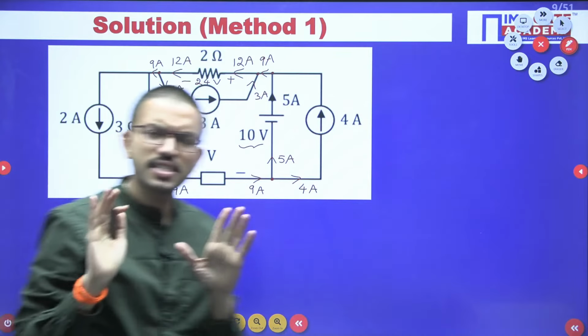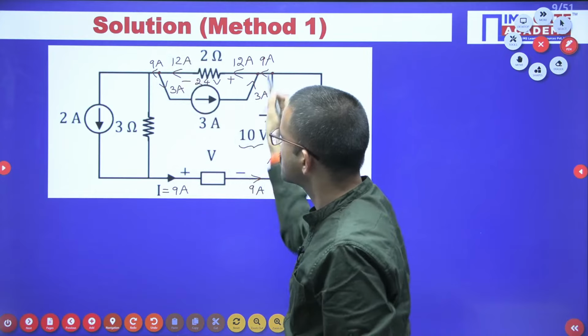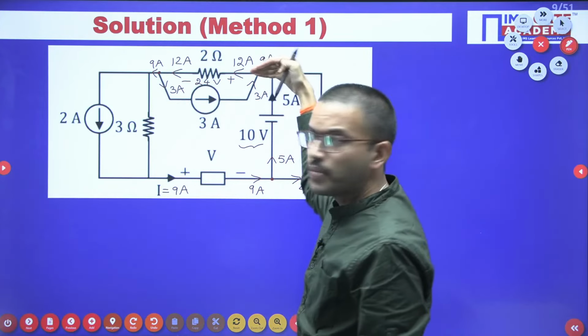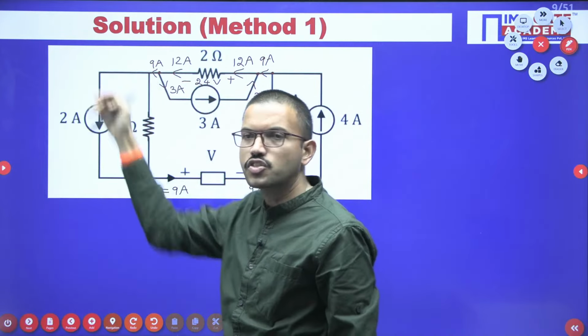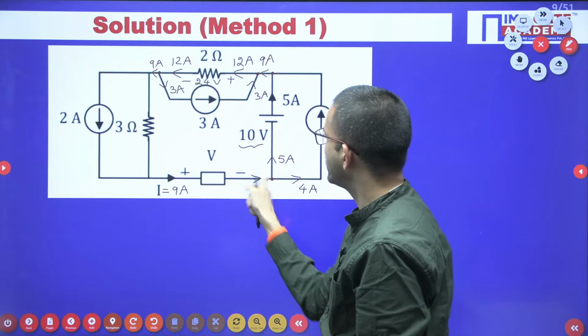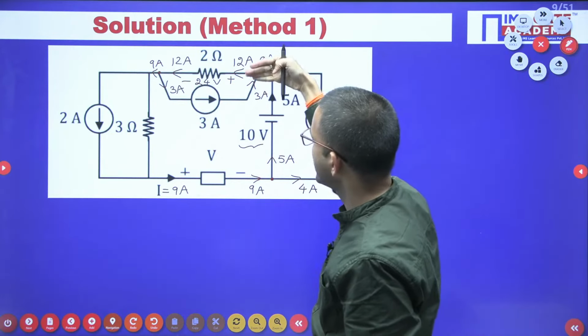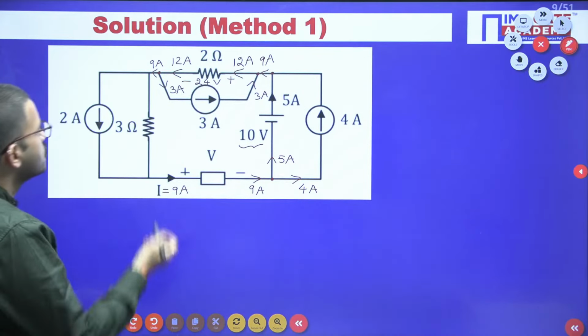In simple words, just consider this entire thing as a single network. If I am sending 9 ampere current into this network, obviously from the overall network 9 ampere should leave. Just like here, if 9 ampere enters, 9 ampere should leave. In the similar way, for this overall network, if 9 ampere is entering, 9 ampere should leave. Correct?